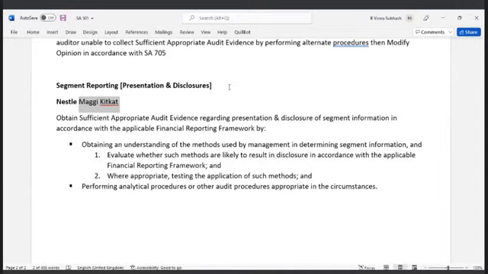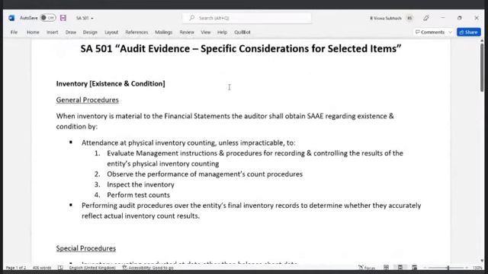How to classify an individual unit as a segment, that you will learn in accounting standards. But with respect to that, what are the things that an auditor should do is what we are going to learn in this standard. So here, please look at the heading. It says specific considerations.